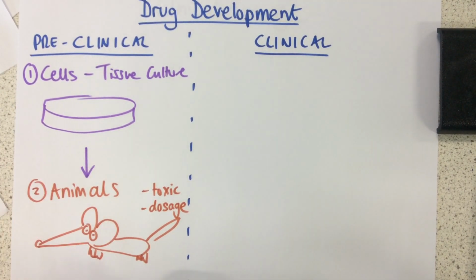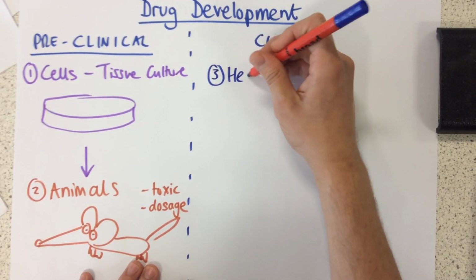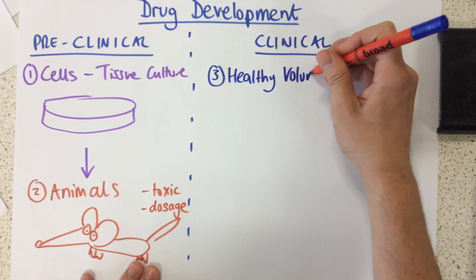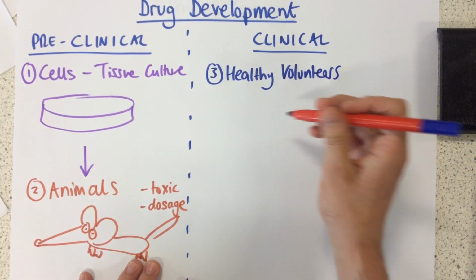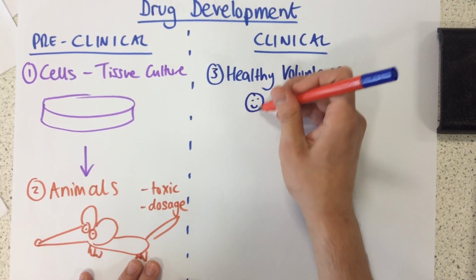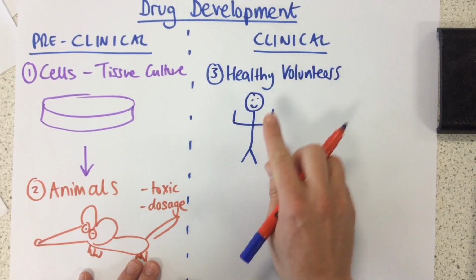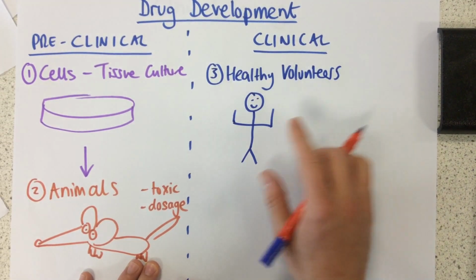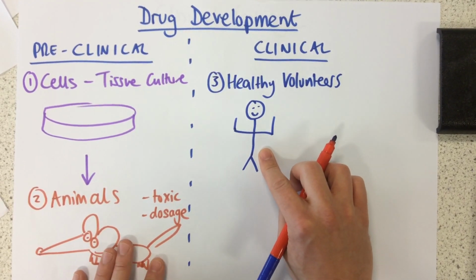The next test, number 3, is to test it on healthy people, or healthy volunteers even. So people volunteer to have the drug tested on them. So the reason why we test it on healthy people rather than people who are ill is, first of all, if they were ill, they might be weakened, and if there's any bad side effects, it might kill them or really hurt them.